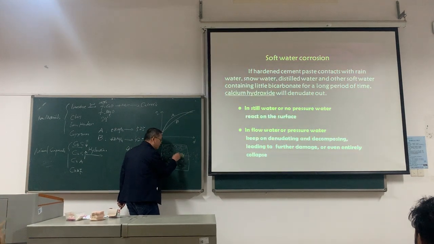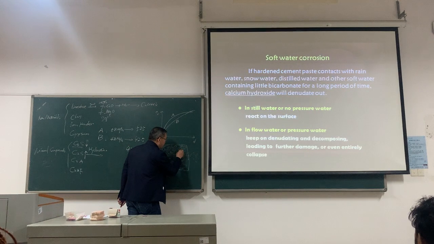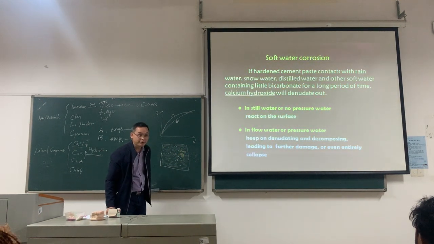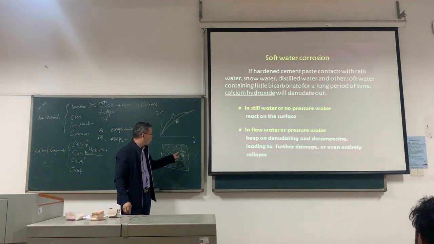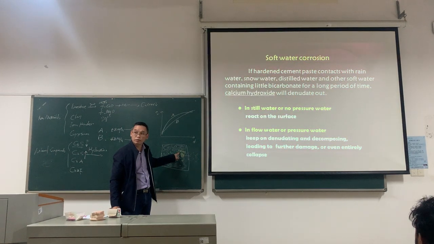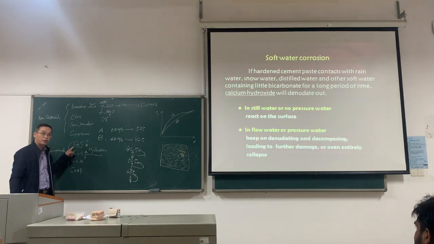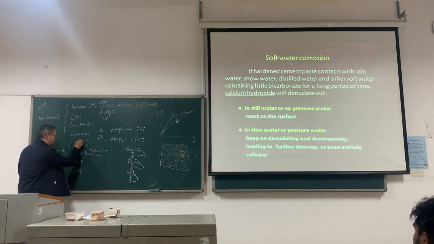there is something, what kind of thing? The calcium hydroxide. Where does the calcium hydroxide come from? How can we get the calcium hydroxide? It comes from the hydration of water and calcium oxide.